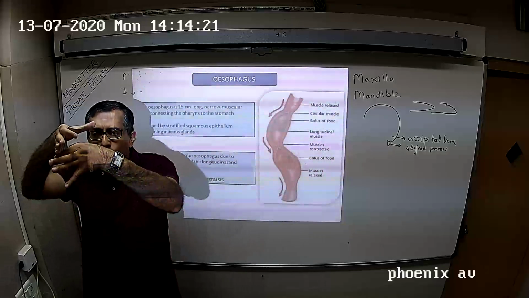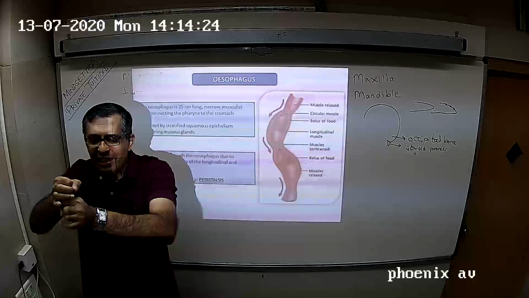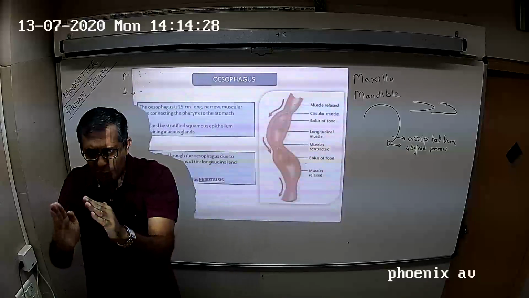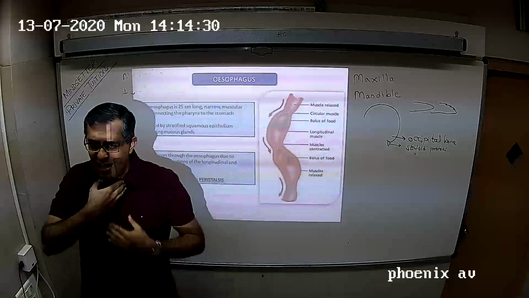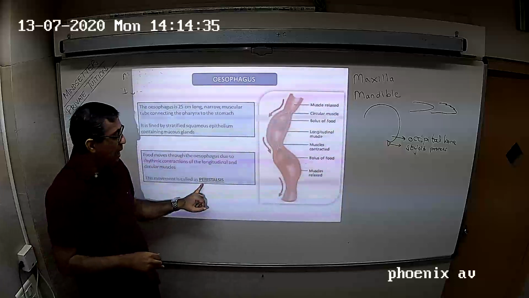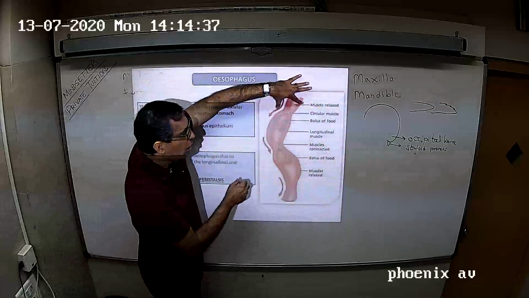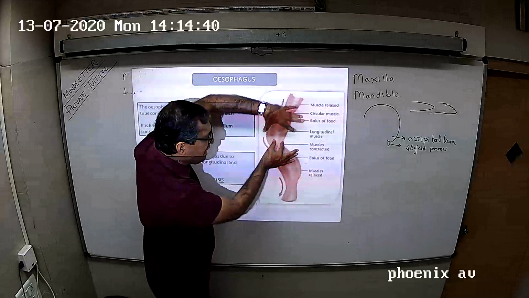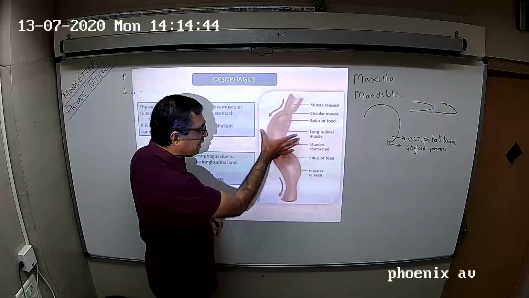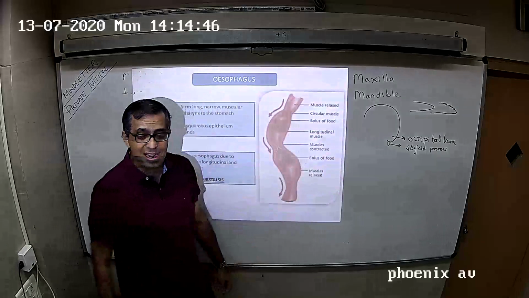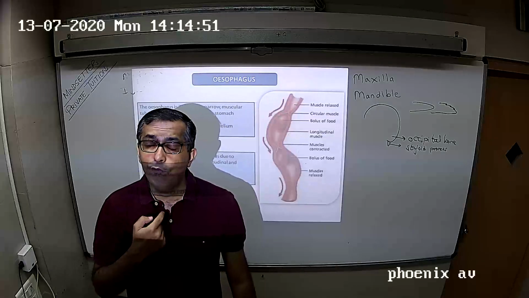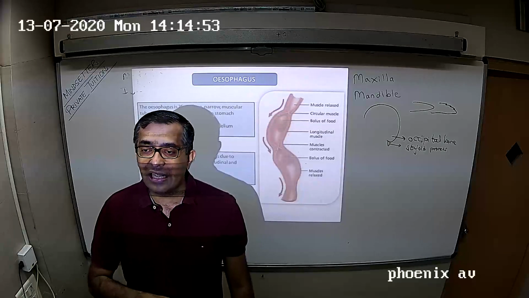Circular muscles will move in and out, and that will help in the rhythmic movement of the food downward, and that rhythmic movement is scientifically called as peristalsis. So sir, contraction हुआ, food goes down, contraction हुआ, food goes down, and that continuous rhythmic movement is called as peristalsis. By peristalsis, food enters from the esophagus into the stomach.